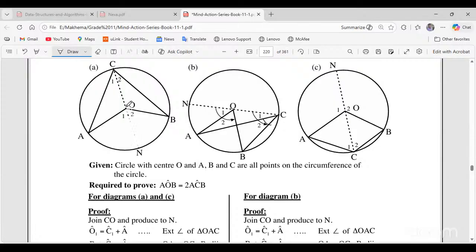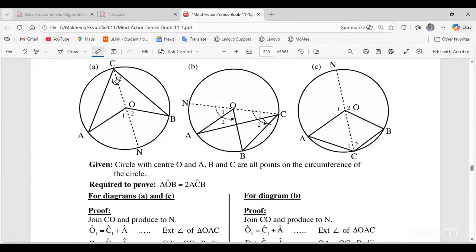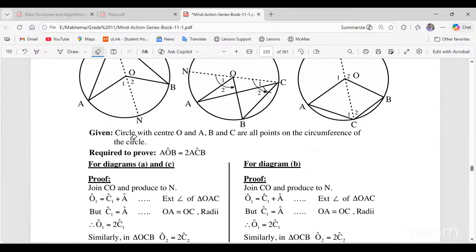You won't be given this line here. What you will do is join CO, which is this part, and then produce that CO here. Now we will have C1 and C2, O1 and O2.